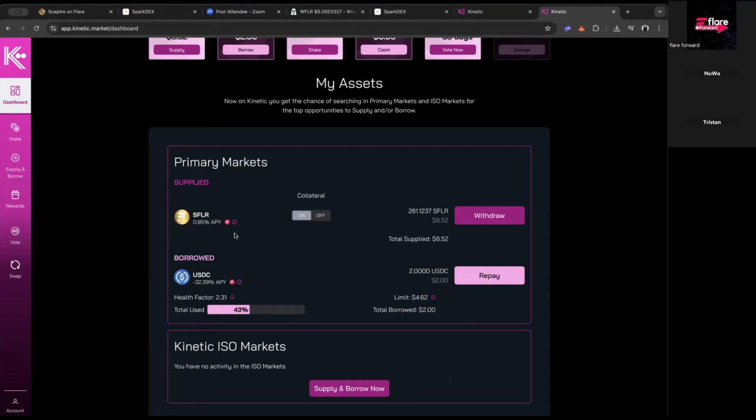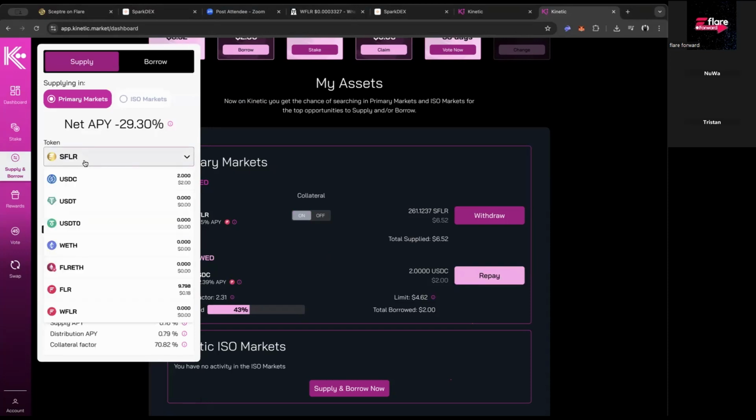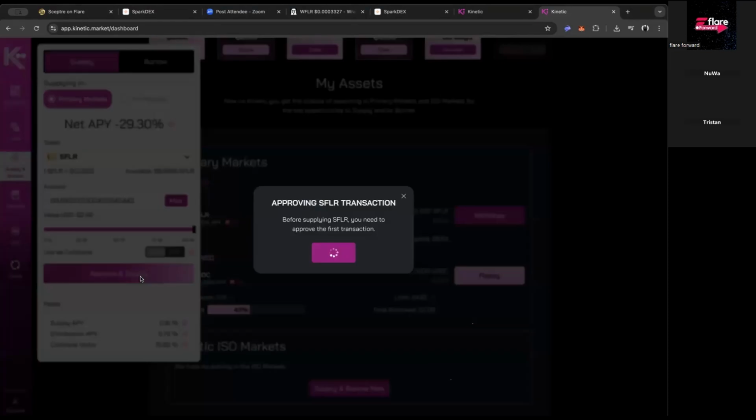Cool. And now go back to supply and borrow, and let's deposit the other Flare that you got. So that's good. SFLR, max. Approve on supply. That way you're going to be fully covered with your debt.